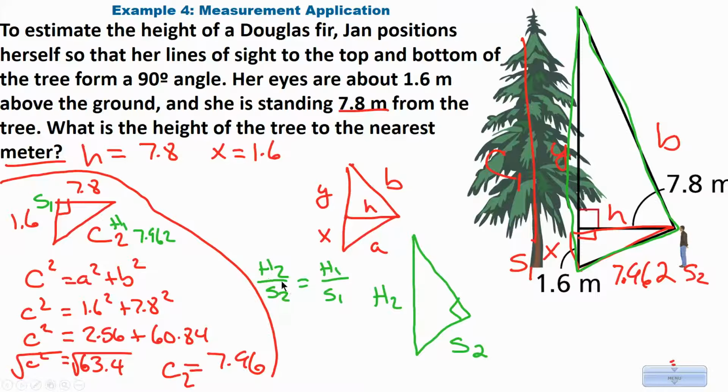So we go ahead and plug these in. Do we know H2? No, so we say H2. Do we know S2? Yes, it's 7.962, is equal to, and then H1, 7.962 over S1, 1.6.